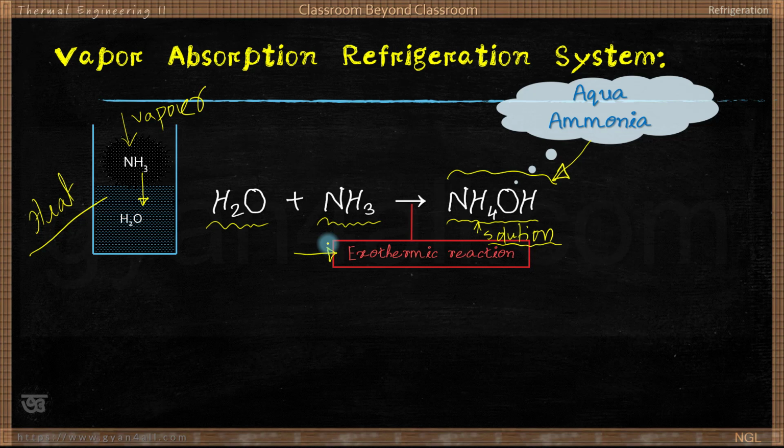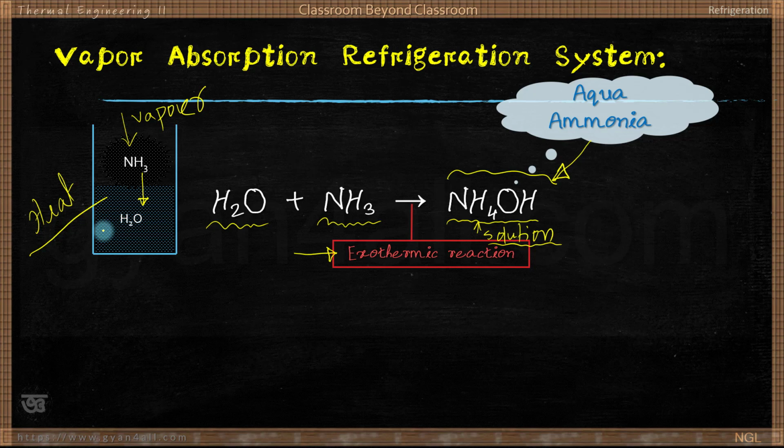There is another type of reaction that is opposite, called the endothermic reaction, in which we have to add heat from the outside, and only then does the chemical reaction take place. But in this case, the reaction is exothermic, so heat is released. So definitely when water and ammonia dissolve, the temperature will increase. That means heat is generated.